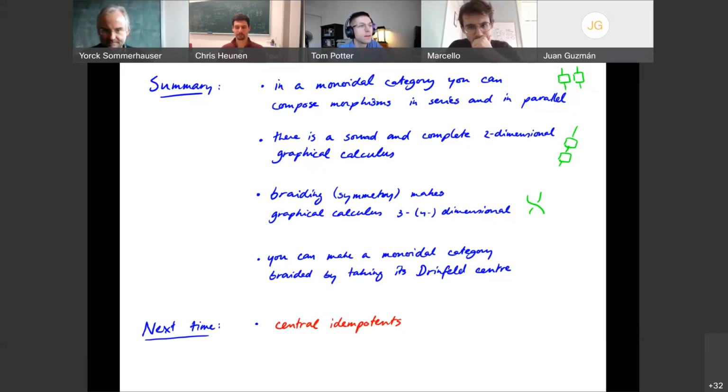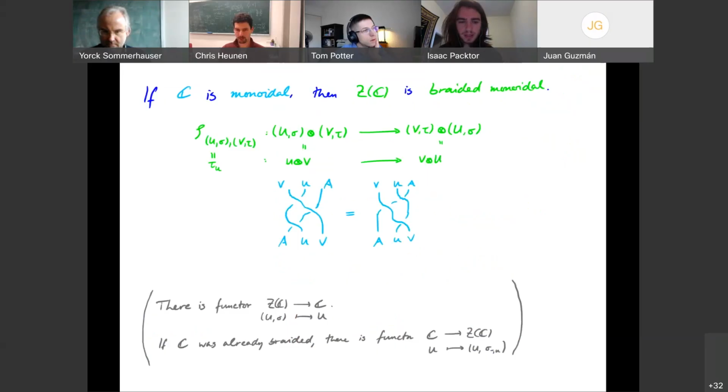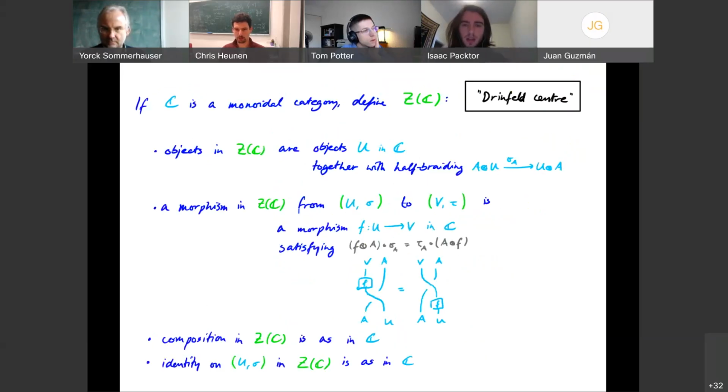Further questions? Is it appropriate to think of the Drinfeld center as being the objects or the morphisms which commute with everything in the category?